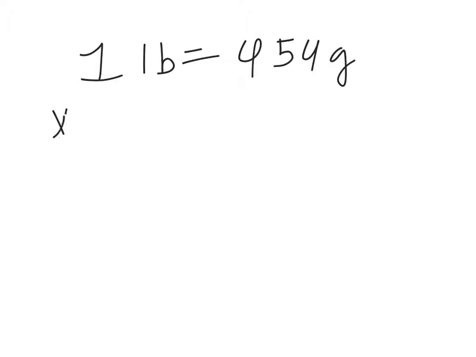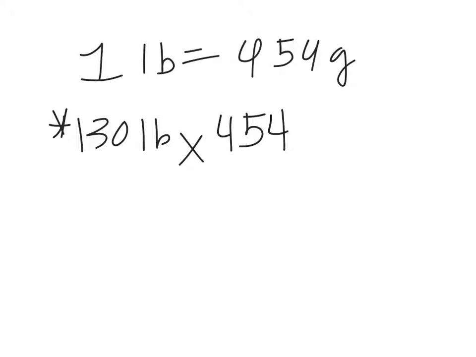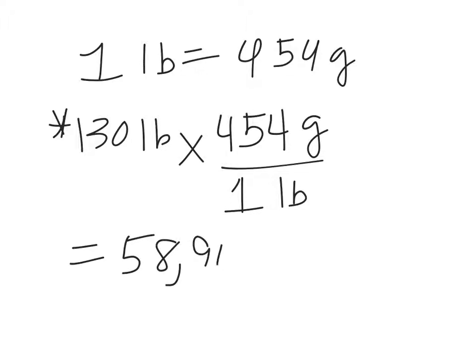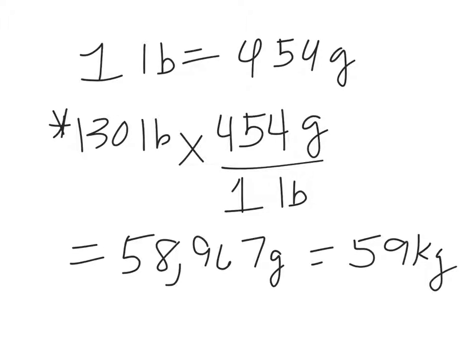So for a 130-pound person, I could multiply 454 grams for every 1 pound, and that would tell me that if I were able to change my bathroom scale to measuring grams instead of pounds, the readout would be 58,967 grams, or 59 kilograms. I kind of wish that my scale was in kilograms.